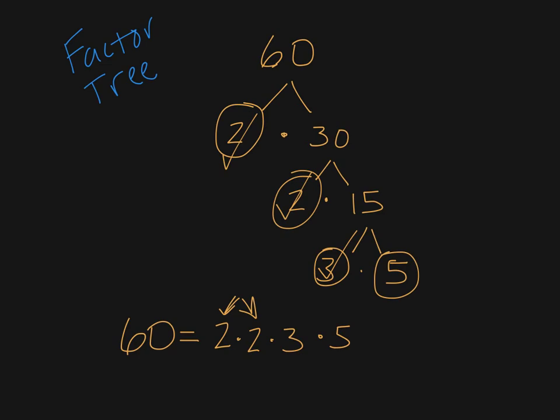I can use my base of 2, and I can say to the second power, because there's 2 of them, there's only 1 3 and 1 5. So this is my complete answer of the prime factorization of the number 60: 2 squared times 3 times 5.